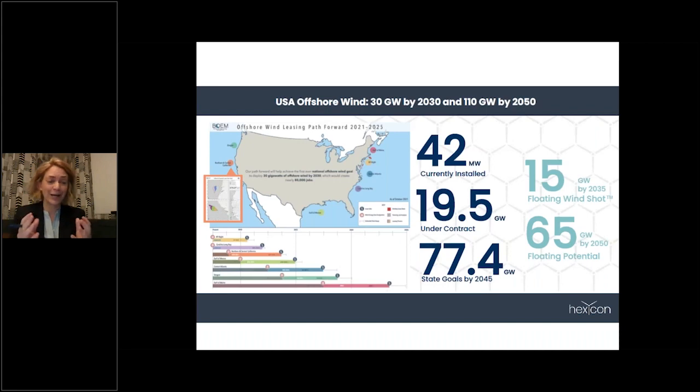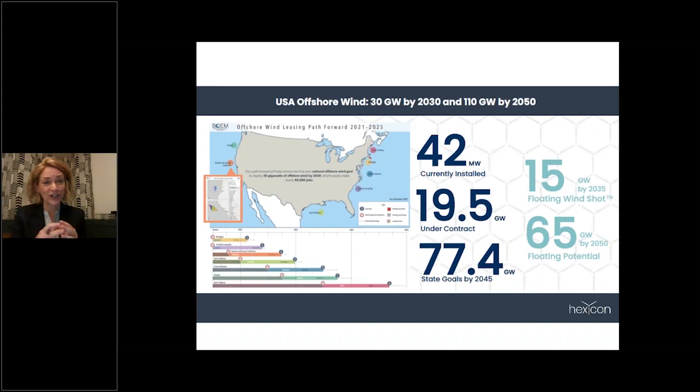Floating starts to come very much into focus now as we turn to the first floating market in the United States, which is California. California's ambitions, as we'll get into with the commissioner, have been accompanied by recent announcements from the Biden-Harris administration, where they're looking at a goal of 15 gigawatts of floating wind installed by 2035.